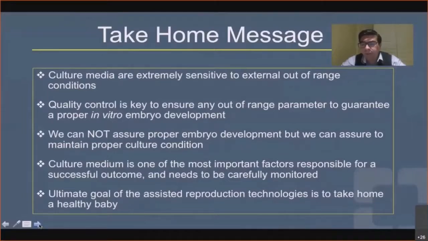It can appear unethical if, despite this information, we don't act to assure the best embryo culture conditions. And also remember that the ultimate goal of assisted reproduction technologies is to have a healthy baby at home. Culture media is not the only factor towards a healthy baby. However, it is one of the important factors that needs to be more carefully monitored.